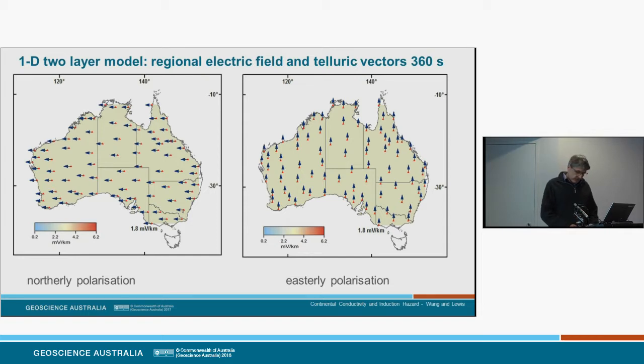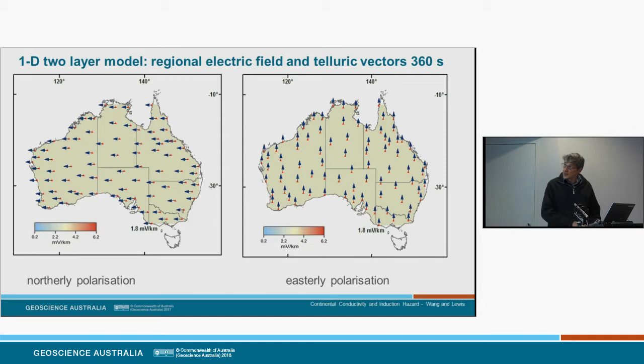The arrows are the real components of the telluric vectors, and we just plotted them at the locations of the AWAGS stations. This is an example from a simple two-layer, one-dimensional model, so there's no reference to conductivity contrast between land and ocean, and it's for a magnetic variation with a period of 360 seconds.